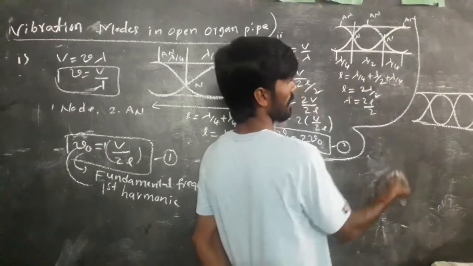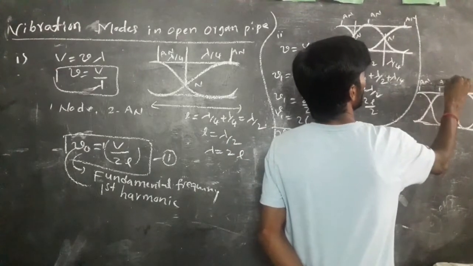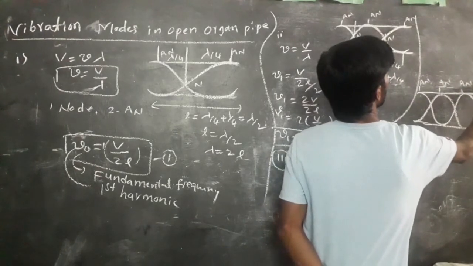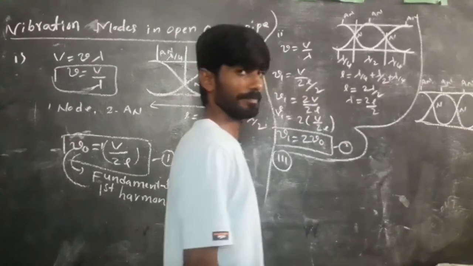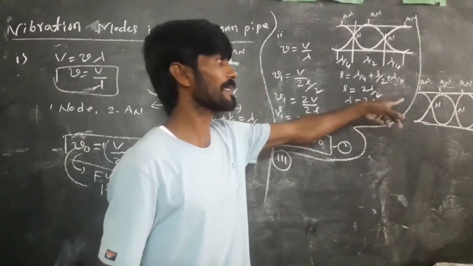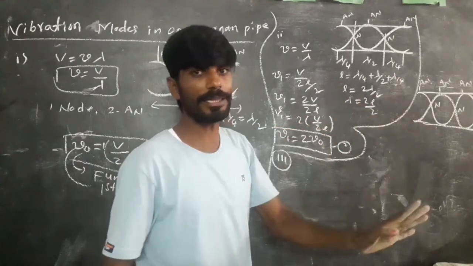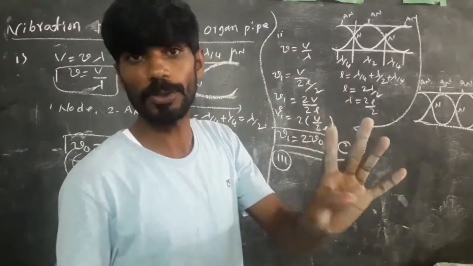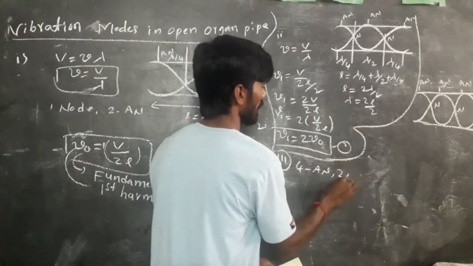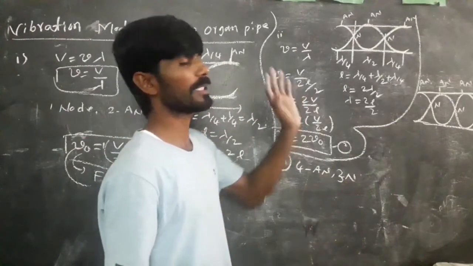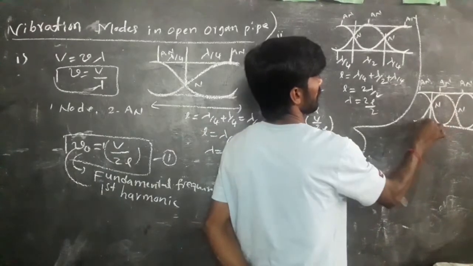So now if you observe here, 1, 2, 3, 4 antinodes. When stationary waves travel through the open organ pipe with 4 antinodes and 3 nodes, then the length of the air column: now I am coming to this.